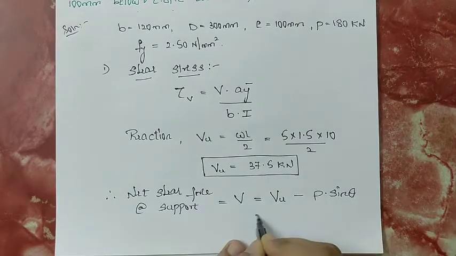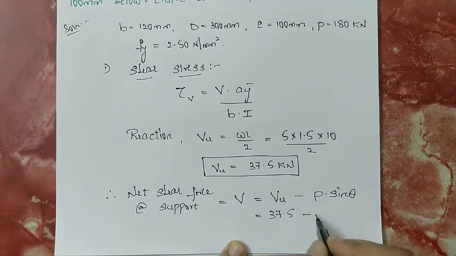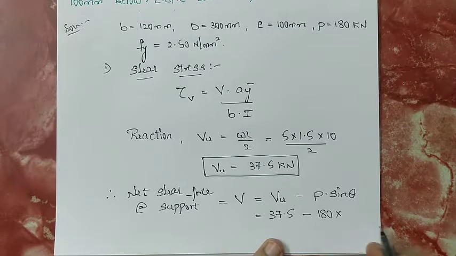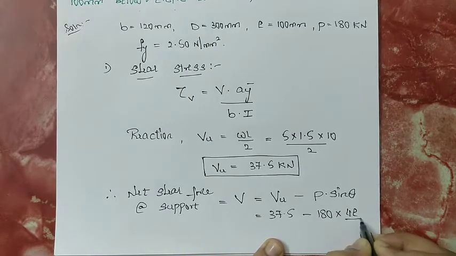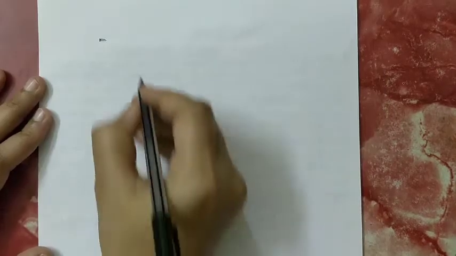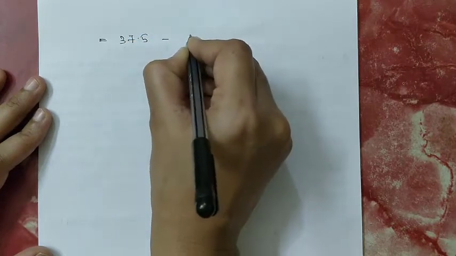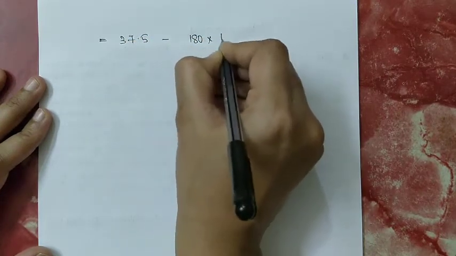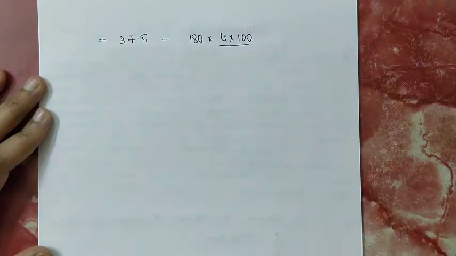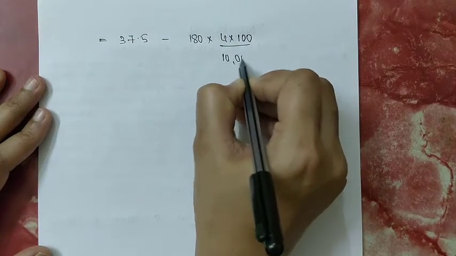Okay, substitute the value VU is 37.5 minus P value they have given 180 into the slope value for a parabolic cable, it is 4E divided by L. Substitute the value, that is 37.5 minus 180 into 4 into E value is 100 divided by 10 meter, substitute in mm.